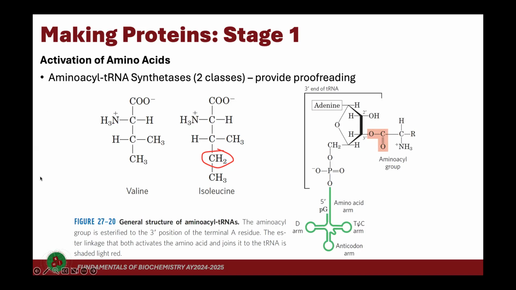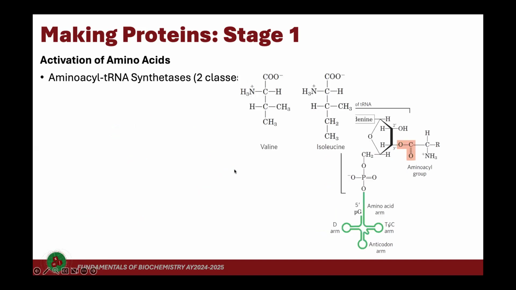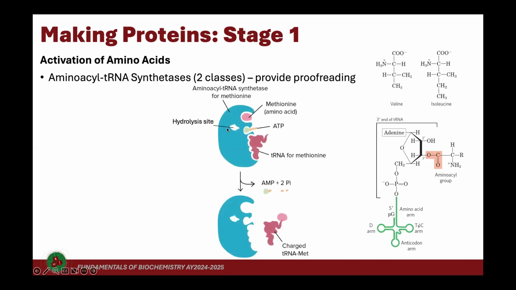Again, that correction is made possible by another active site in the enzyme. It is a hydrolysis site. If valine was mistakenly attached to the tRNA molecule, this valine actually fits this hydrolysis site. The valine, which is already attached to the tRNA, undergoes a conformational change, a change in position, and valine now enters the hydrolysis site.